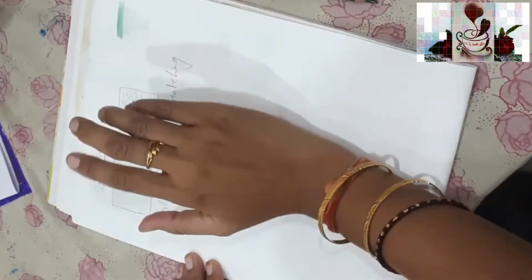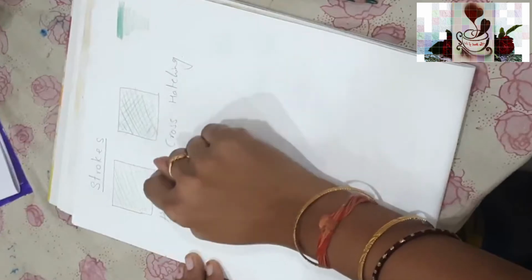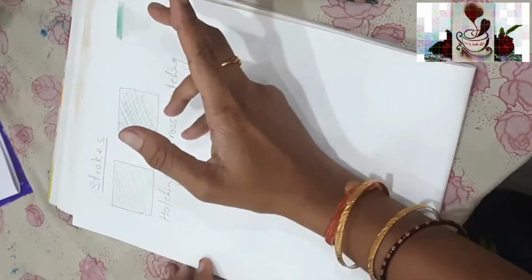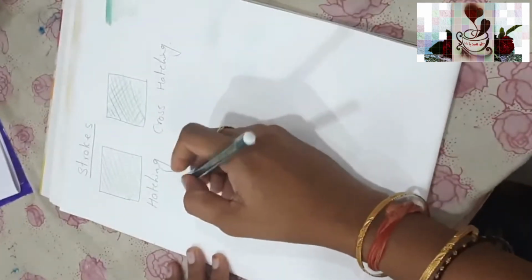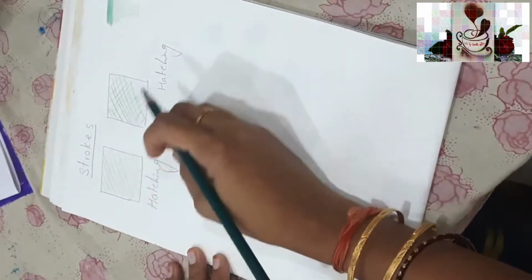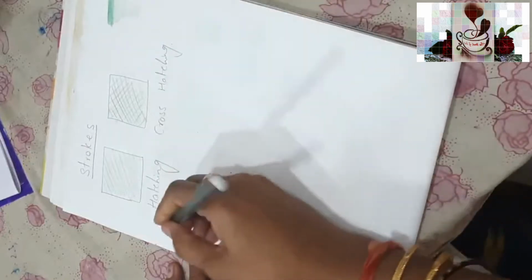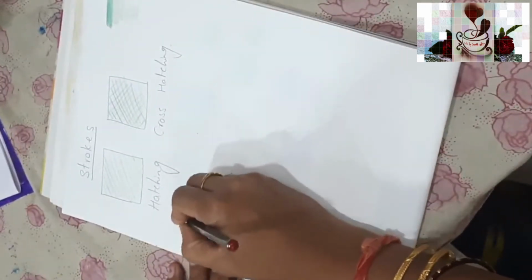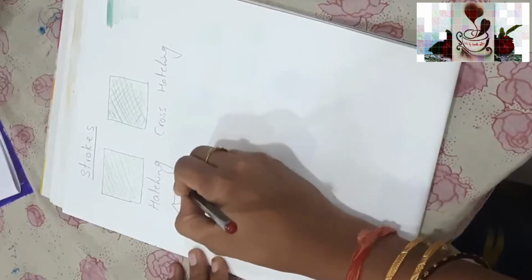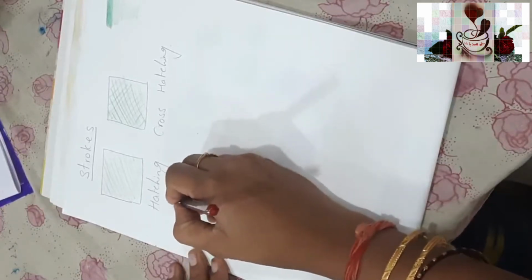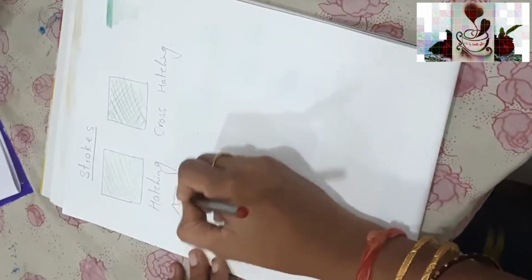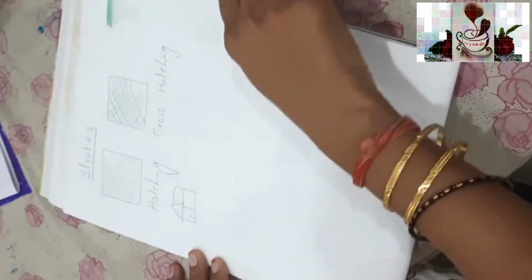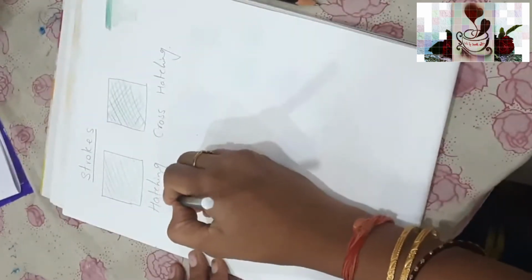Hatching and cross hatching are mostly used in pencil sketching, and even with color pencils, to differentiate two things in a picture. For example, in a picture I am drawing a house, where I want my roof to be, I can use this cross hatching technique.